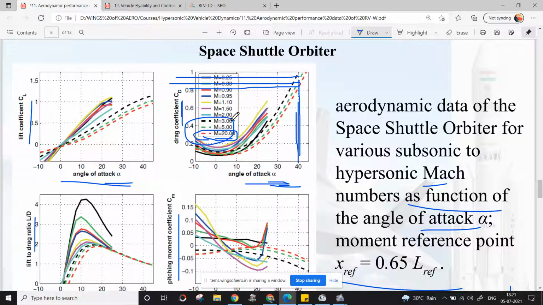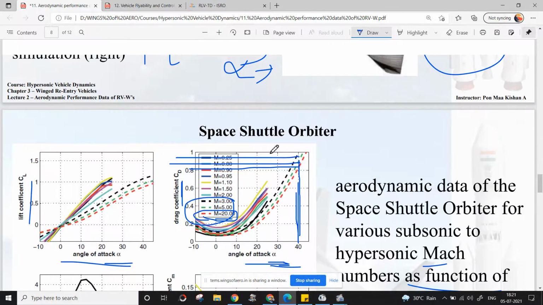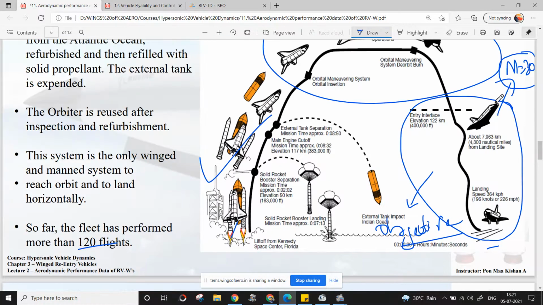So in all possible aspects, we have to fly at larger angle of attack. What it indicates is, when the vehicle is coming back, let's say we have 10 minutes for deceleration. For completing the mission, we have 10 minutes. In these 10 minutes, we want to decelerate the vehicle.